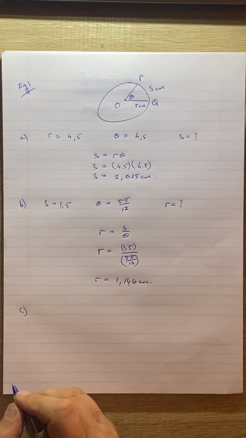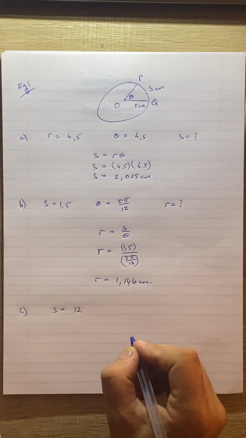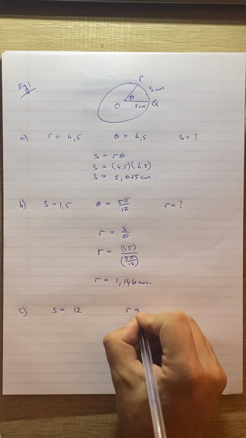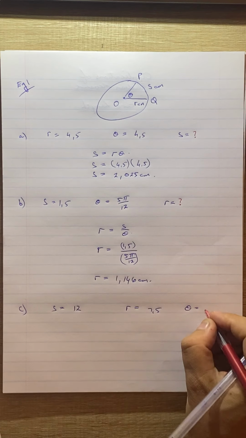Example C, they've given us that S is equal to 12, R is equal to 7.5. So the thing that we're missing is the angle theta.